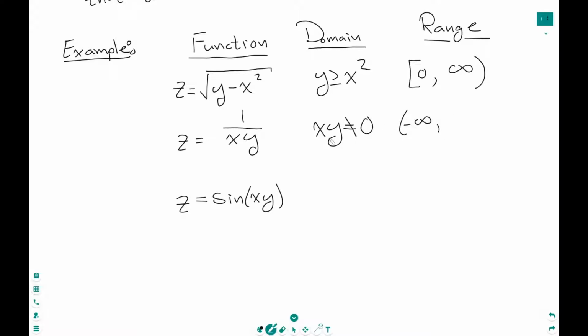But is there any value that I can pick for x and y to get z is equal to 0? I can't. I can't pick any x and y that lets z be 0. So I have negative infinity to 0, exclusive of 0, but I also can do the exact opposite.